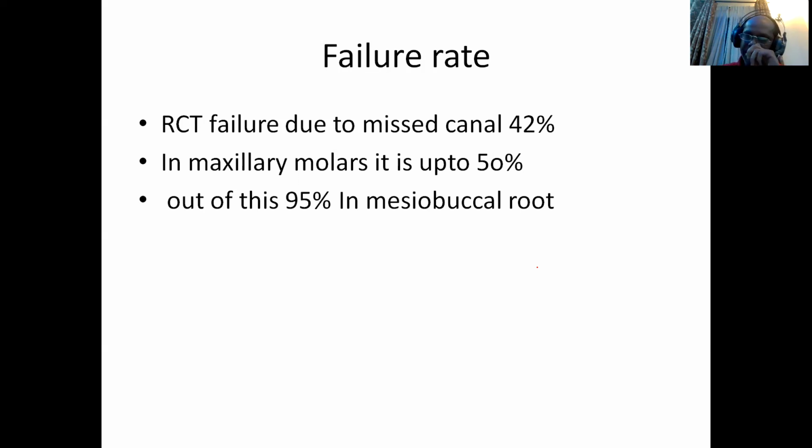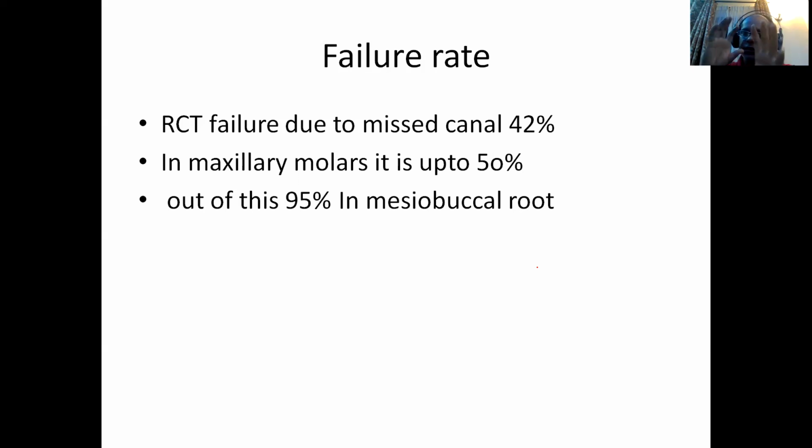This affects instrumentation, and even the access cavity: mostly the mesobuccal root lies under the tip of the mesobuccal cusp, so indirect vision must be used. When you use the instruments, there is some deflection as they touch the mesobuccal cusp, because it is at the corner.